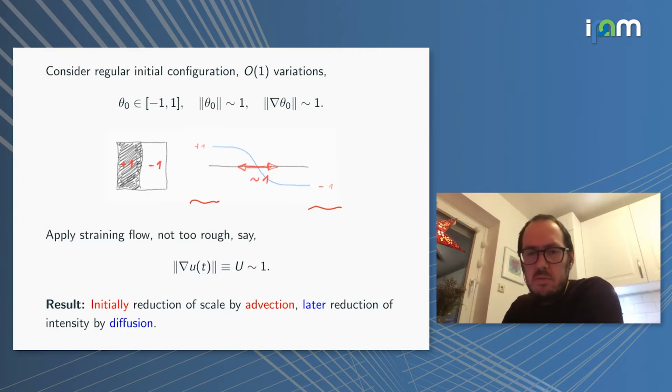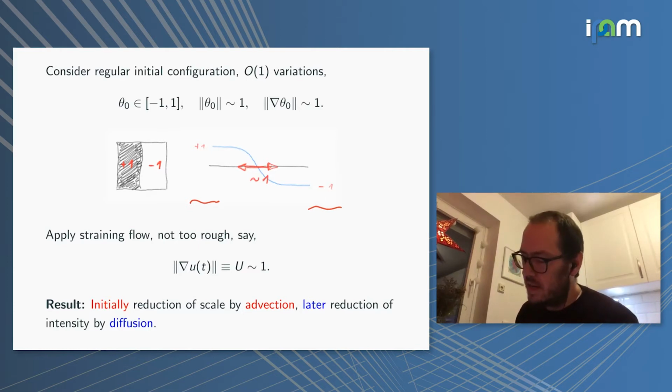I call it U. It's some quantity which is certainly independent of kappa. It shouldn't be too large, shouldn't be too small. But since kappa is small compared to 1, this gradient is certainly much larger than the diffusivity constant.